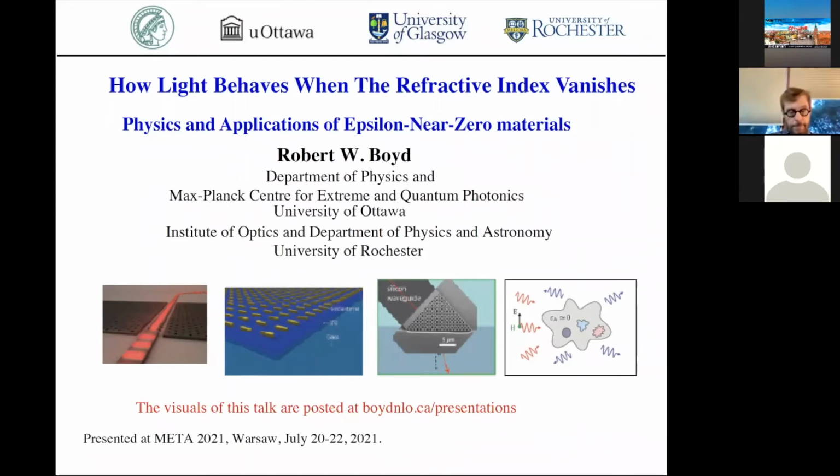He actually was a student of Charlie Townes, a Nobel Prize winner and an inventor and co-inventor of the maser and the laser. And he went on to a very distinguished career, with contributions in quantum optics, quantum electronics, more recently metasurfaces and application to, as you will hear today, near epsilon zero materials.